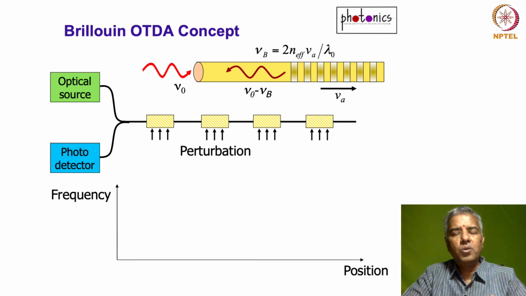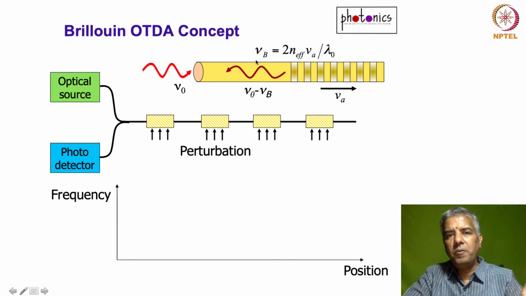Why? Because the acoustic velocity depends on the inherent density of the material, and the density of this glass medium is going to respond to changes in strain or temperature. Whenever there is a change in strain or temperature, the density of the medium changes. If the density changes, the acoustic velocity changes, and if the acoustic velocity changes, then the corresponding backscattered frequency changes.